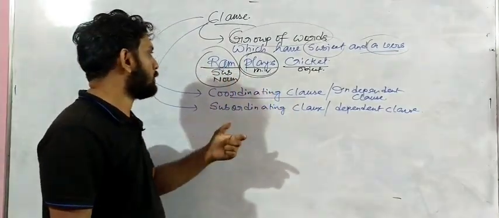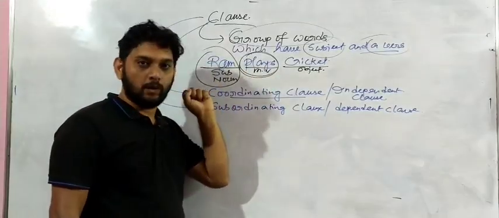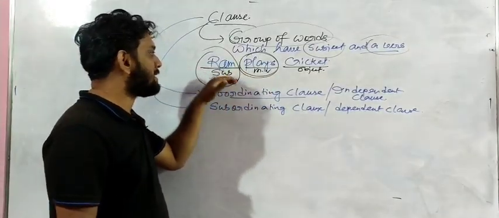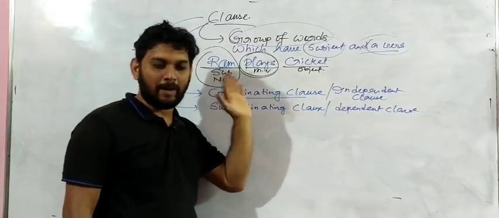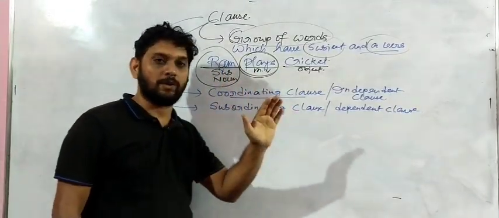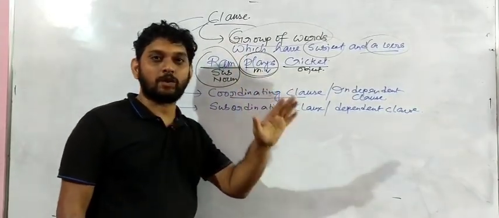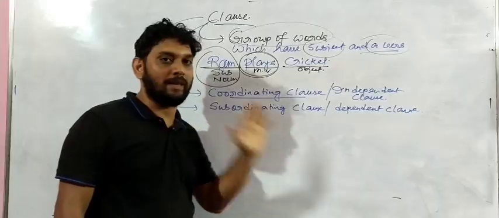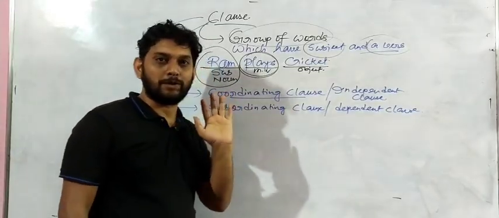I think all of you understood that Ram is the subject and plays is the verb, and it's a group of words. That means it's a clause, and it also expresses meaning. Also I have told you that a clause does not always express its meaning. You should remember this point also.